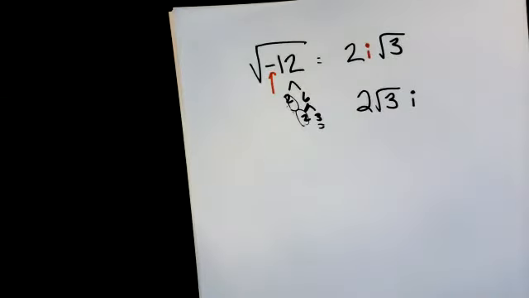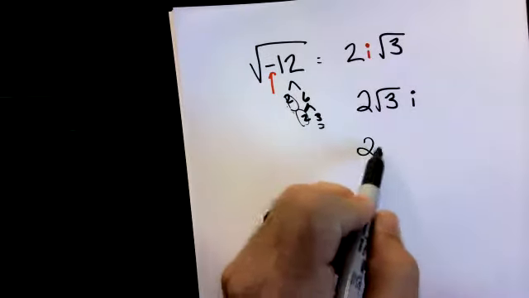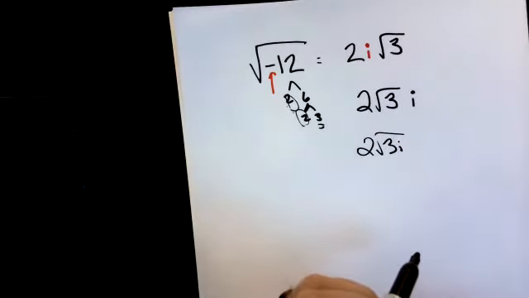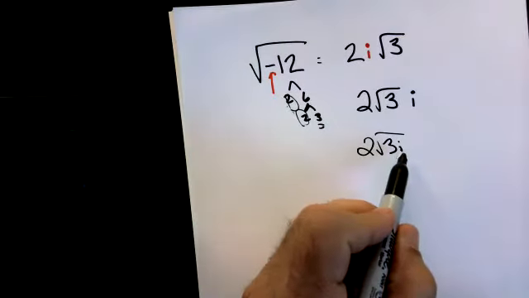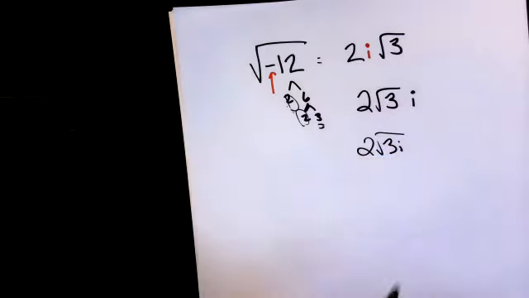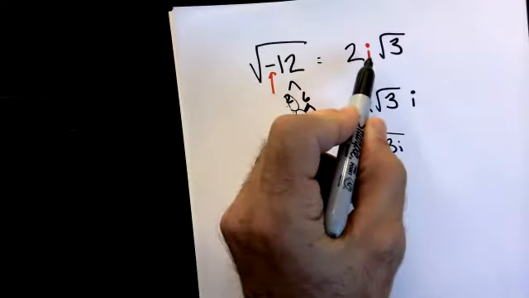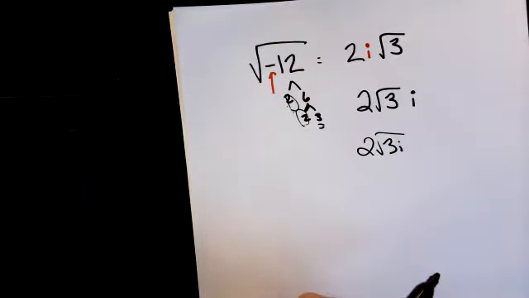But you've got to be really careful about that because the I has got to be outside of the radical. If you get lazy with writing stuff and you write it so that it looks like that I is still underneath the radical, the square root of I and an outside I are two different things. So I tend to bring that I out in front so it lacks any confusion.